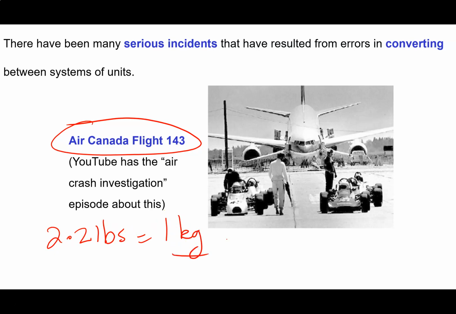The ground crew had loaded on fuel that had been weighed out as pounds, but they had recorded it as kilograms, so they'd actually communicated to the flight crew that the plane contained twice as much fuel as what it did. And what actually happened was that the plane basically ran out of gas mid-flight. It hit half a tank, and everything stopped working. So yeah, that's a good example here.